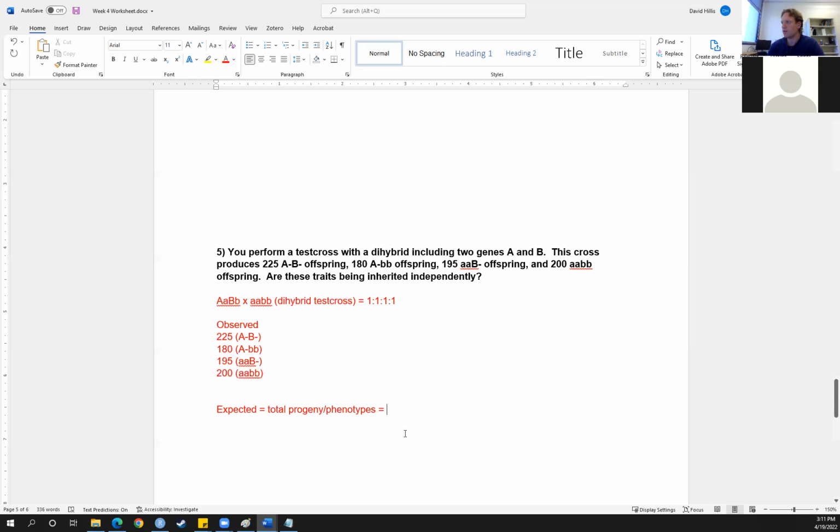So that's going to be 800 divided by 4 for 200 expected in each group. So our expected is going to be 200, 200, 200, and 200.